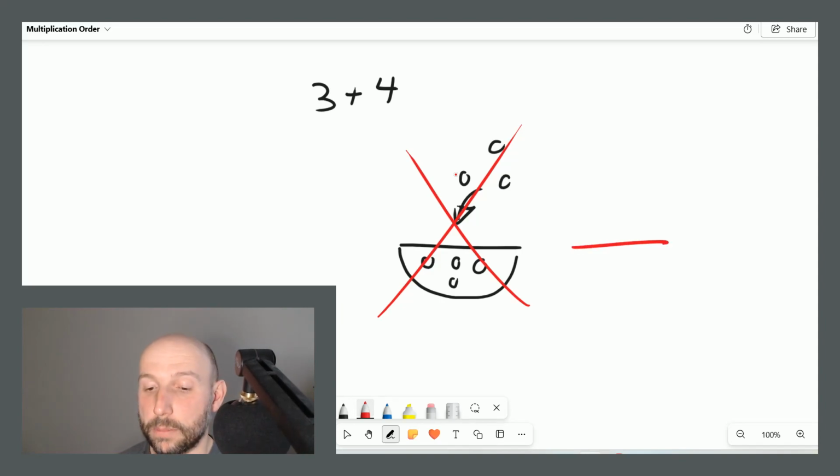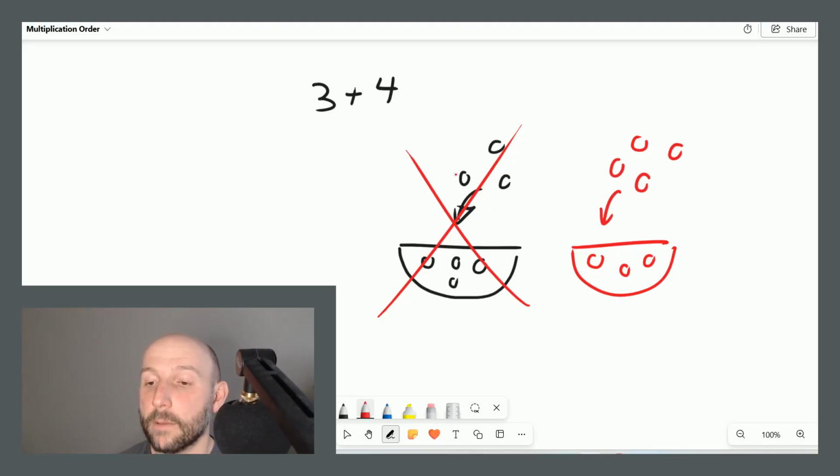It has to be a bowl with 3 candies and 4 candies falling into it, because the 3 comes first. And the story is telling us 3 and then 4, because plus means and then. So we started with 3 candies and 4 are added later on.